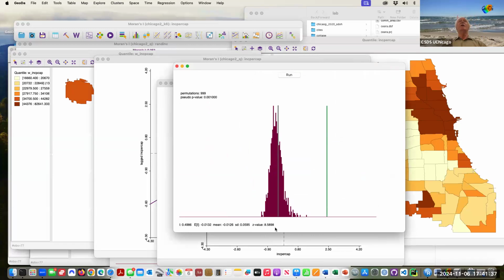What the z value is, it takes the distribution, it computes the mean and the standard deviation and standardizes the Moran's I. And the standardized values are comparable because you've taken out the influence of the weights.